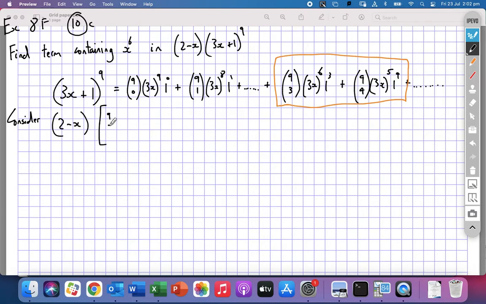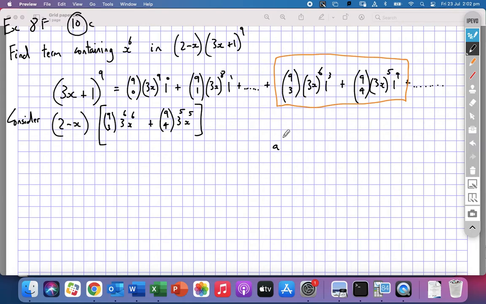9 choose 3. We've got 3 to the 6, x to the 6, times 1. We can drop the 1s at this point, surely. And then we've got 9 choose 4. Coming from here, we've got 3 to the power of 5, x to the power of 5, times 1.